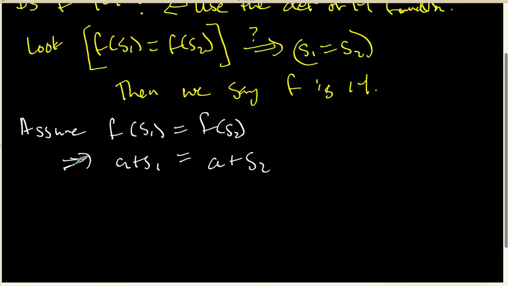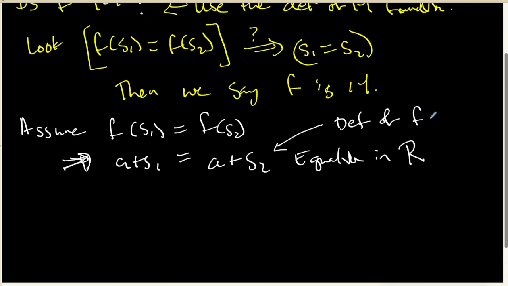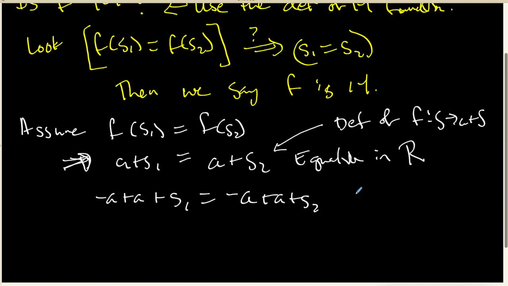This equation is an equation inside the ring R, and I know that it is true by the definition of our function f. But since this is an equation inside the ring R, we can certainly look at minus a plus (a plus s1) is equal to minus a plus (a plus s2) in the ring R.